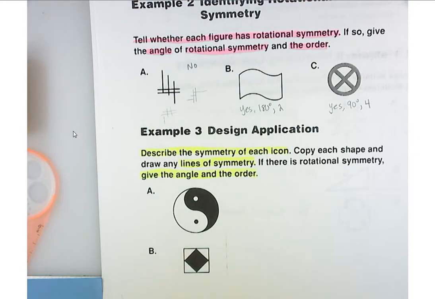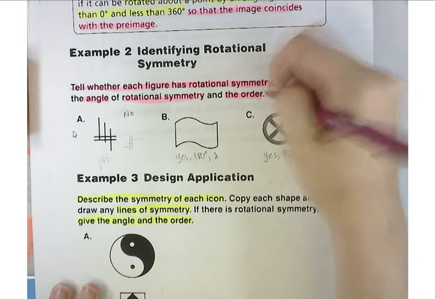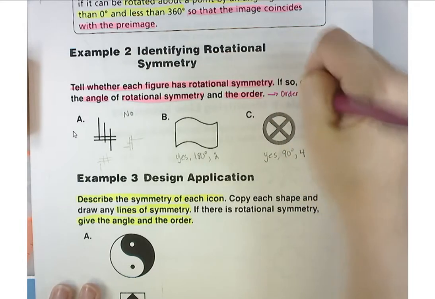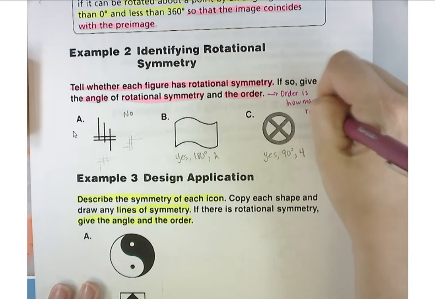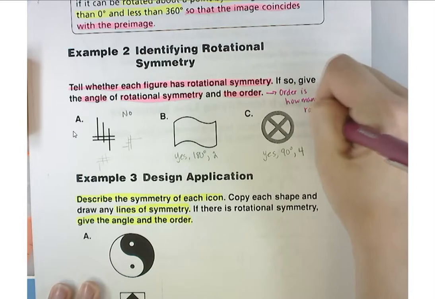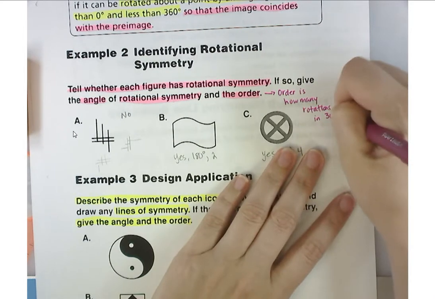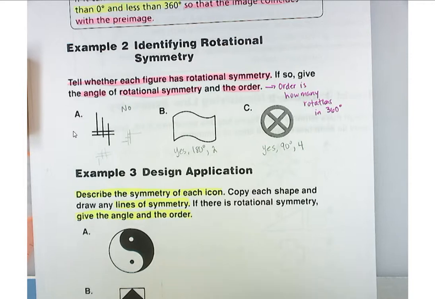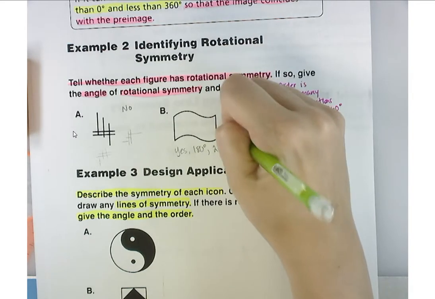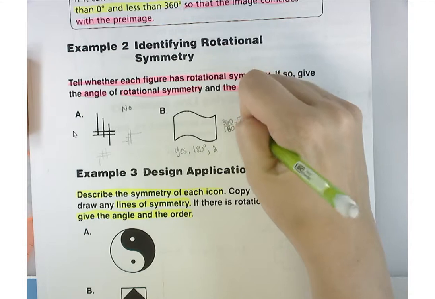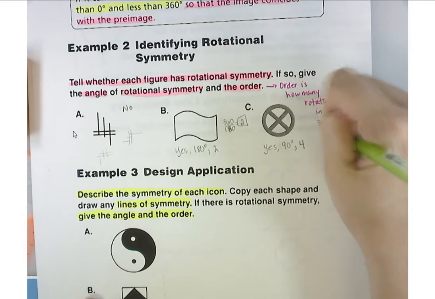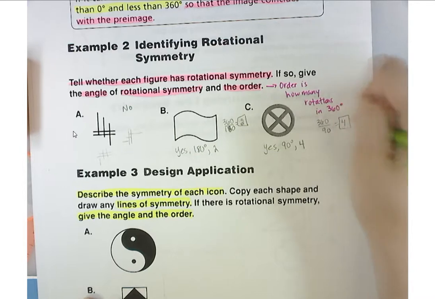Let's write a little note here that the order is how many rotations in 360 degrees. If you do 360 divided by 180, you get 2, and that's why 2 is the order for B. If you do 360 divided by 90, you'll get 4. That's why 4 is the order for C.